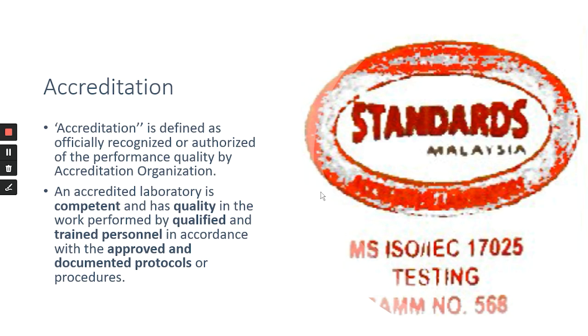When a lab is granted ISO accreditation, the Department of Standards Malaysia will give a SAMM number for that particular lab. For example, for the HID DNA unit, the SAMM number is 568.